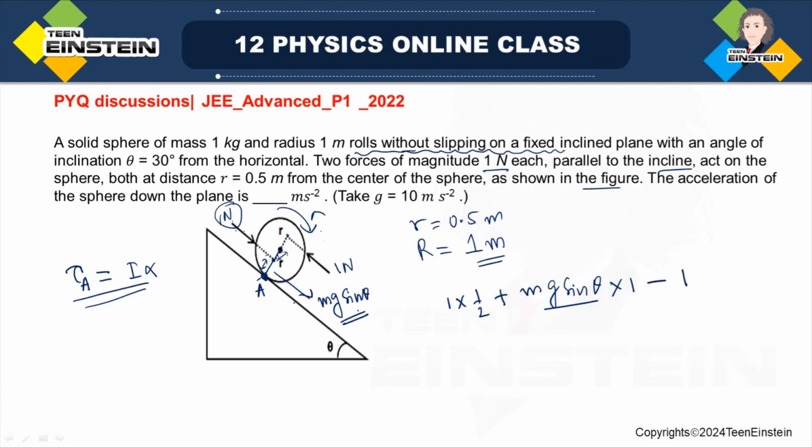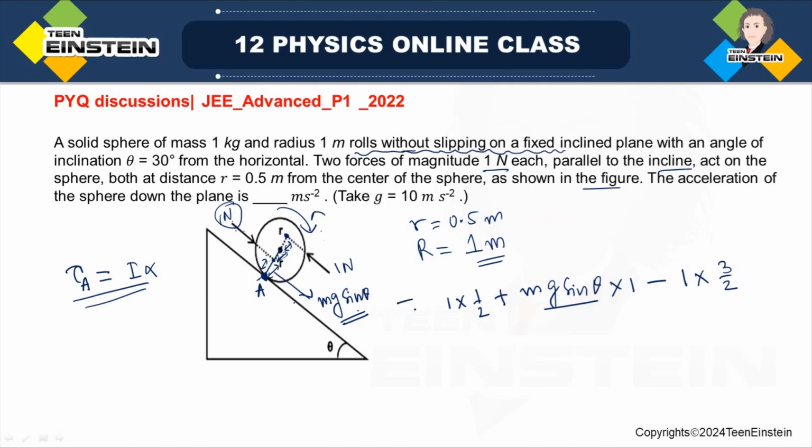So 1 Newton is the force, and what is the perpendicular distance from this point to this point? So AR, this distance will be 3 by 2, okay, because this is 0.5, this is 0.5, this is also 0.5, so it will make 3 by 2 meter, okay.